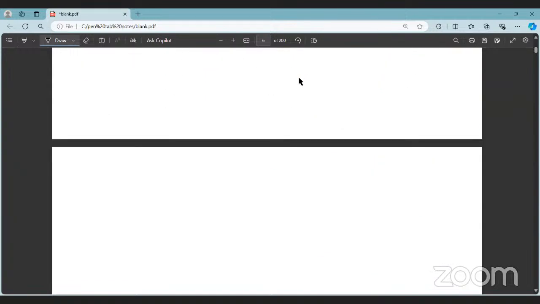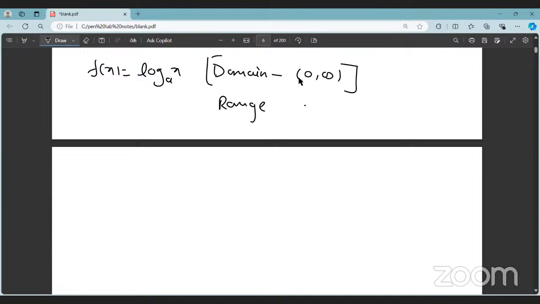So every logarithmic function, if my function f of x is log base a of x, then this function has domain open interval 0 to infinity. And the reason is that we took our exponential function's codomain to be 0 to infinity. Then only it becomes bijective, and after that we define the logarithm. That's why the domain is 0 to infinity, and the range is the whole real line.